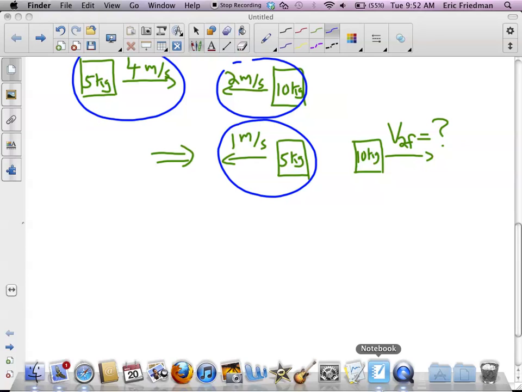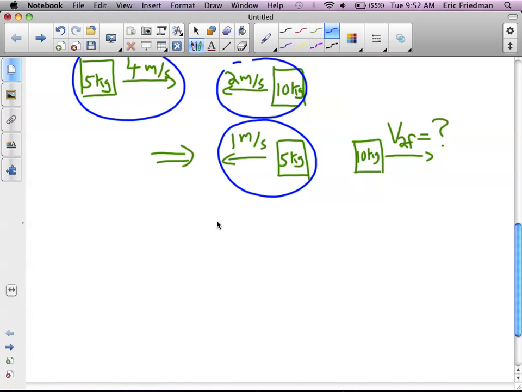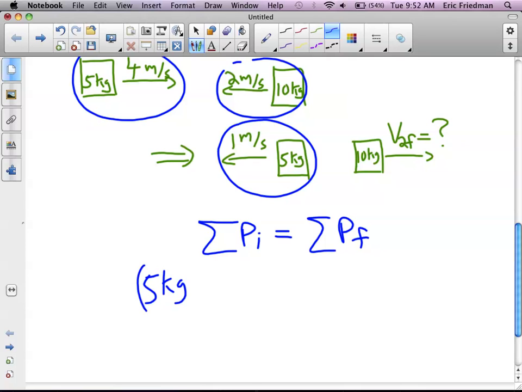Once again, same thing. I start out with the sum of all the initial momentum equals the sum of all the final momentum, right? Now for initial momentum, we have to pay attention because there's a positive and a negative. So I get 5 kilograms times 4 meters per second plus 10 kilograms times minus 2 meters per second.